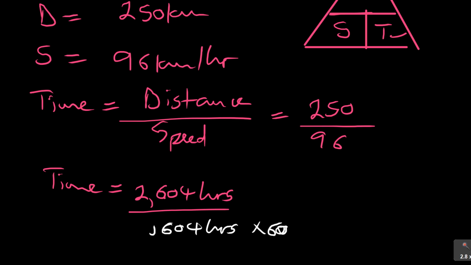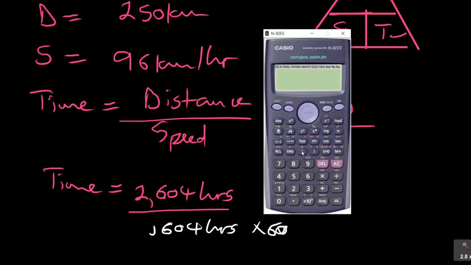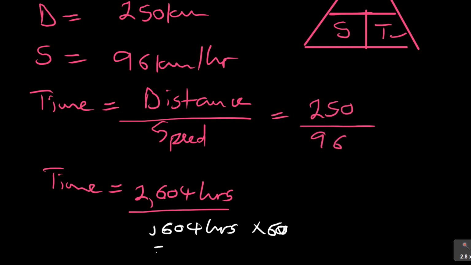Let me take a calculator here: 0.604 times 60. It gives me 36.24. So focus on the 36 there, which is equal to 36.